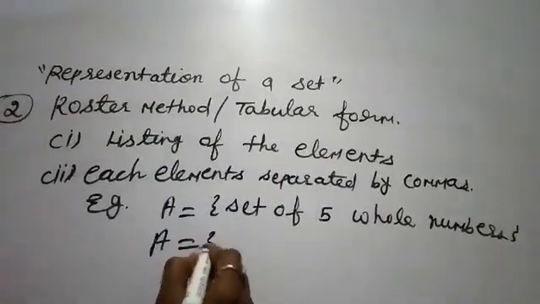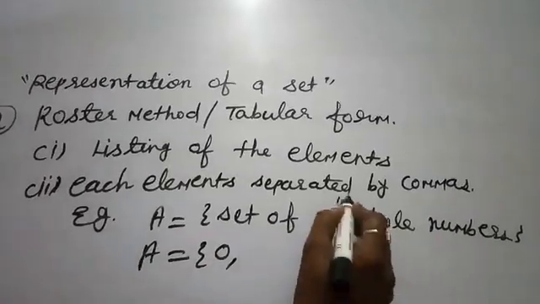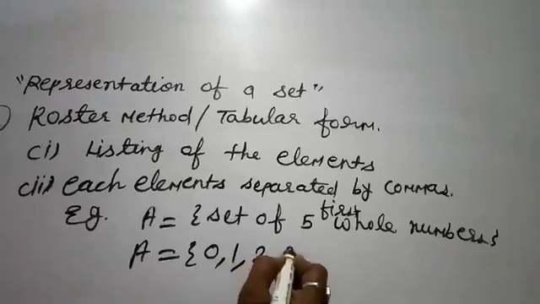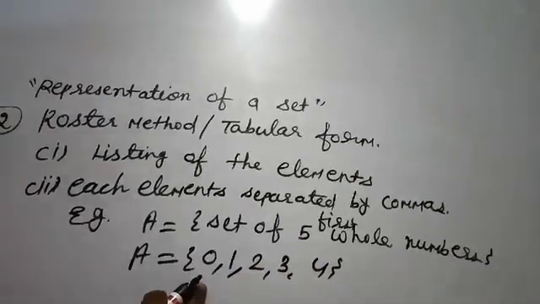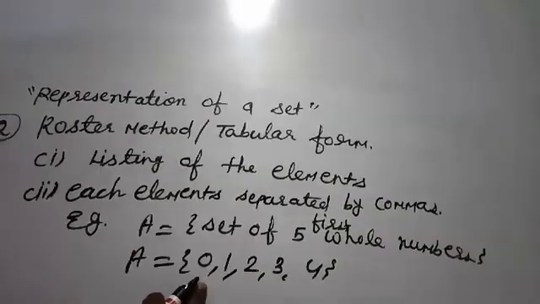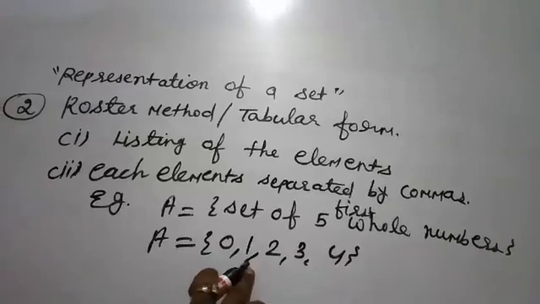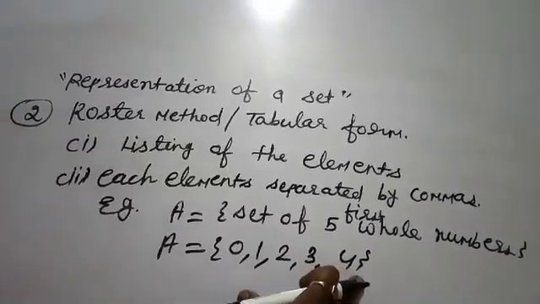So how can we write down the set of first 5 whole numbers? It is 0, 1, 2, 3 and 4. Look here, all these elements are listed and after each element we put a comma. And one more thing, the elements should be written in curly brackets.